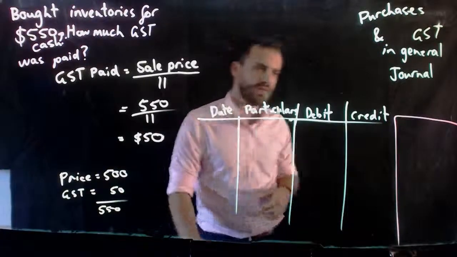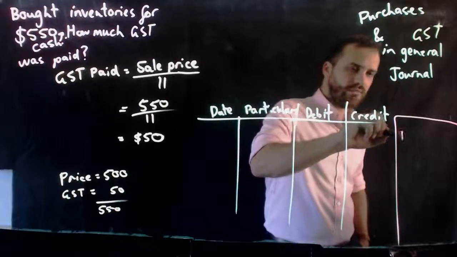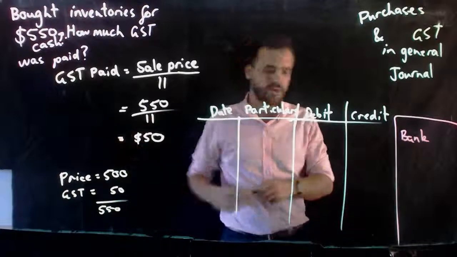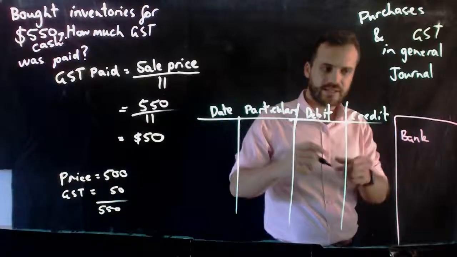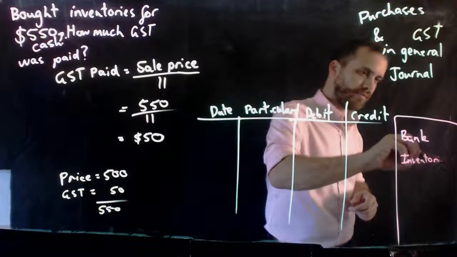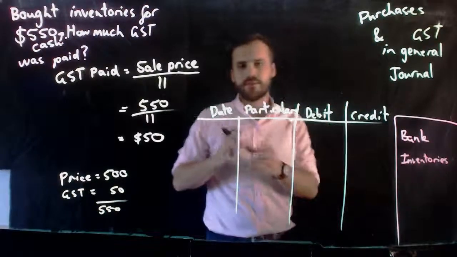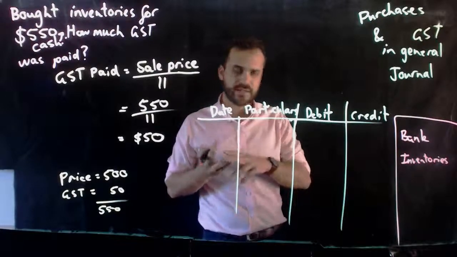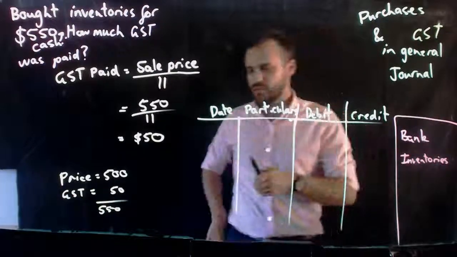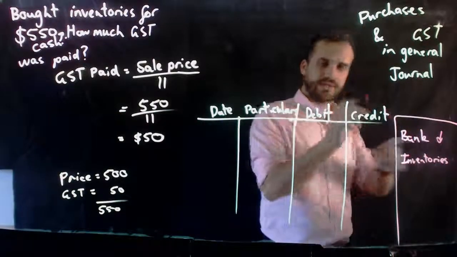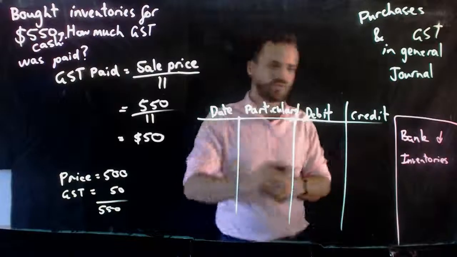So there must be two accounts involved: a bank account, your cash at hand, and the second account would be inventories. Now, these are both assets. Your bank account, you gave money to someone, so your bank account went down, so your asset went down. Inventories, your inventories went up.